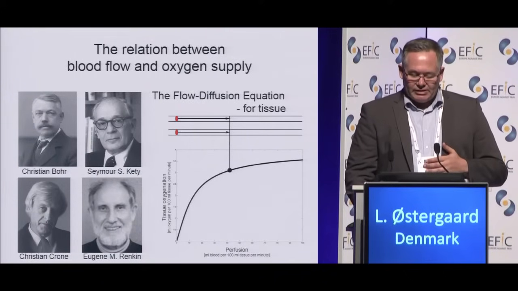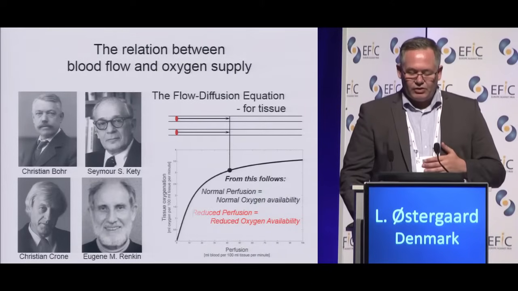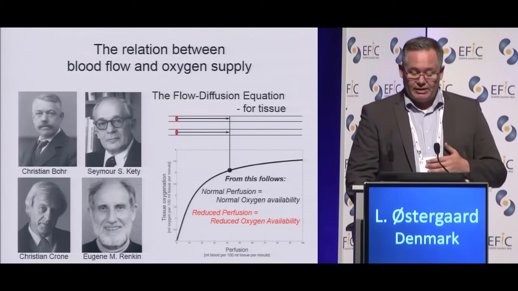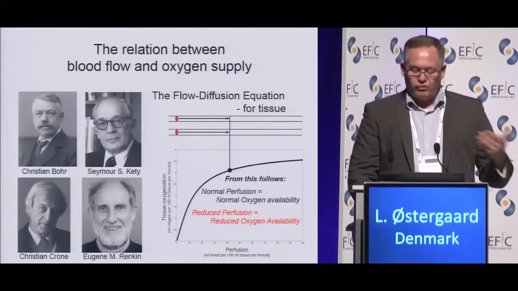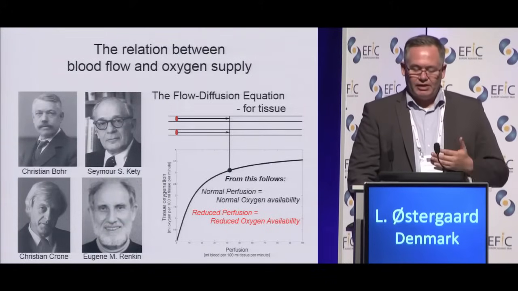And of course this curve has some nice properties. It increases, and it has a one-to-one correspondence between blood flow and oxygenation. So we can rest assured that if we observe normal perfusion in a nerve, then there's normal oxygen availability.